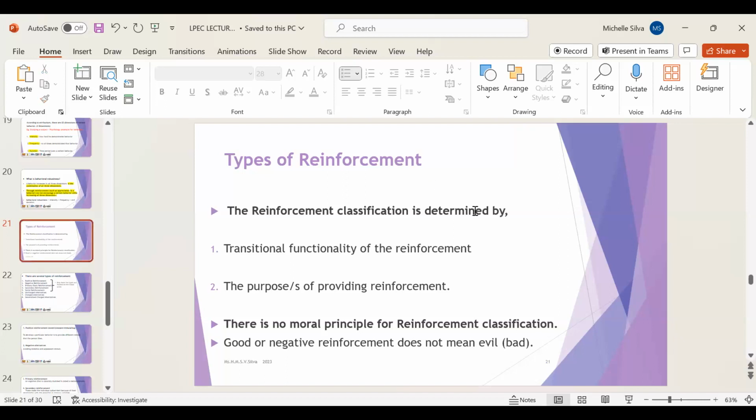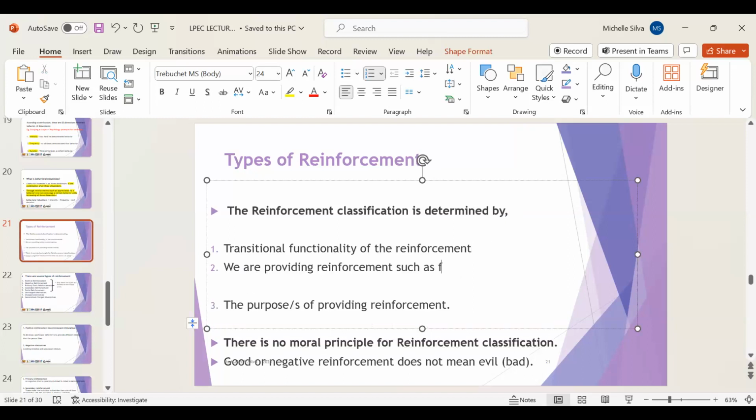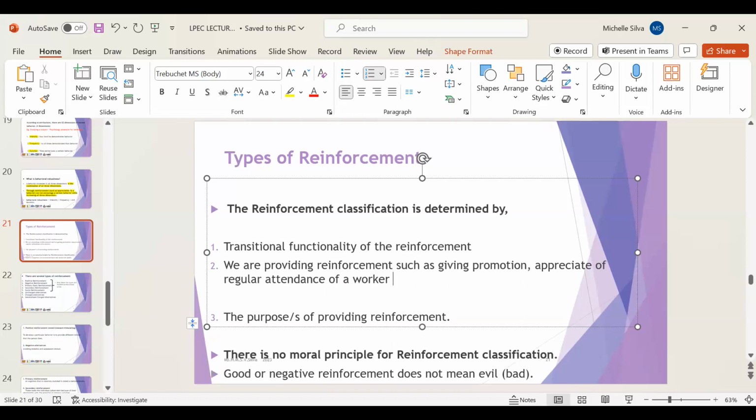Write down: we are providing reinforcement such as giving promotion because of a productive behavior, appreciation of the regular attendance of a worker, to encourage a certain behavior.